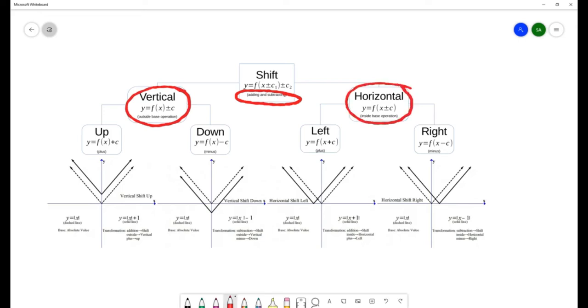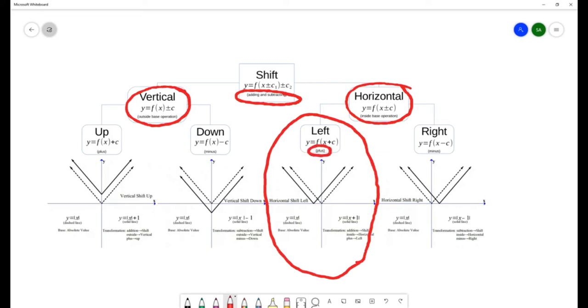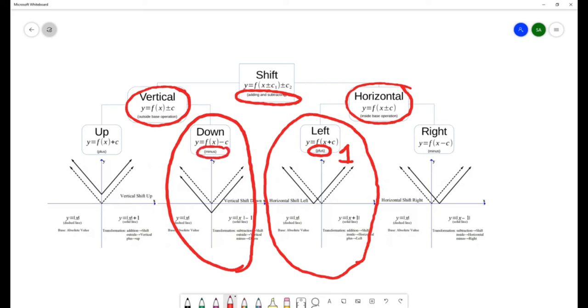So our horizontal shift is going to shift to the left, which means that we're going to add our 1. Remember, it was 1 unit to the left. And our vertical shift is a shift down, so we're going to subtract by 3 to shift down 3 units.